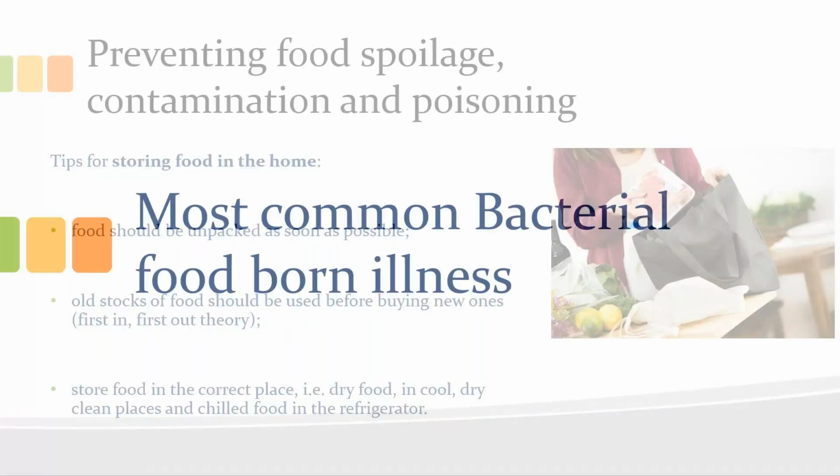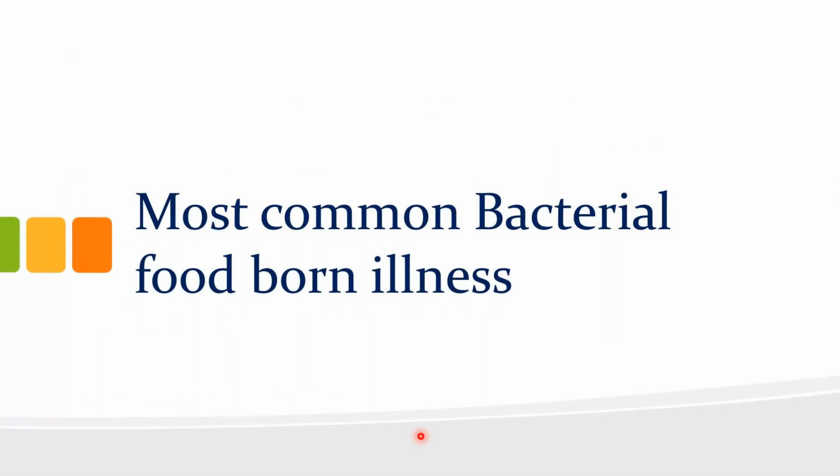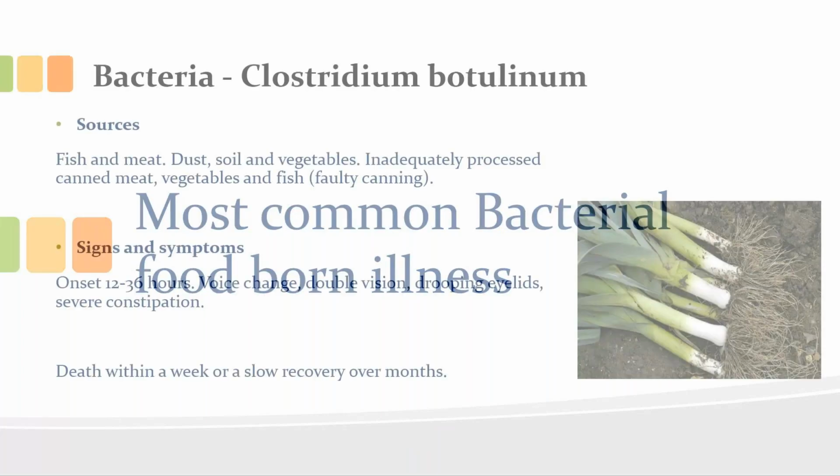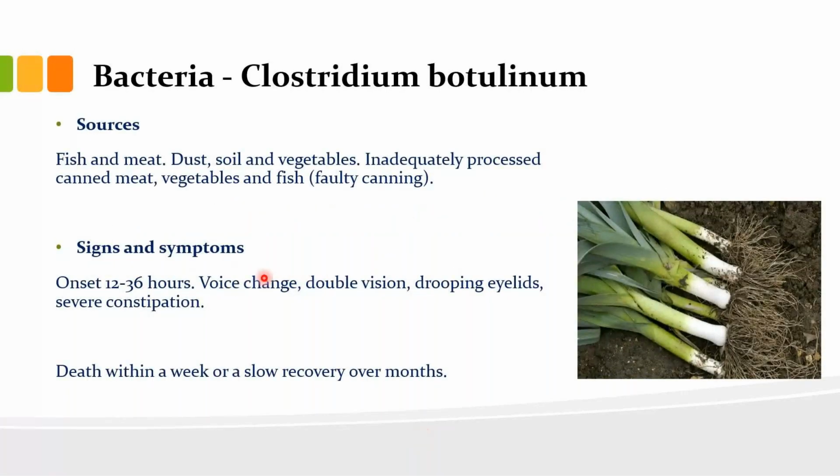Lastly, we can have some highlights on the most common bacterial foodborne illnesses, as all of us must have been affected by some foodborne illness once or twice in our lifetime. Bacteria like Clostridium botulinum.